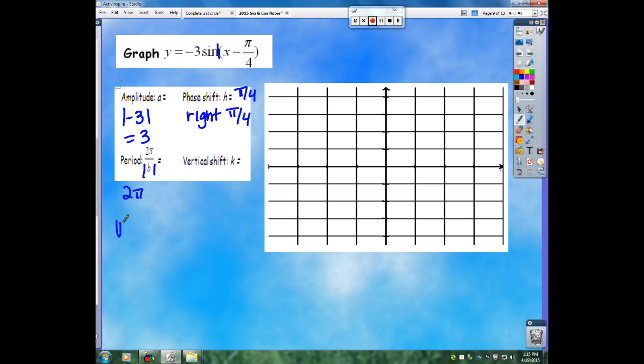So we're going to start at 0, go to 2 pi. We're going to divide that evenly into 4ths. So 2 pi over 4 is pi over 2.